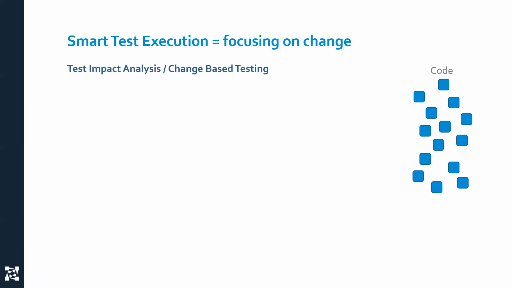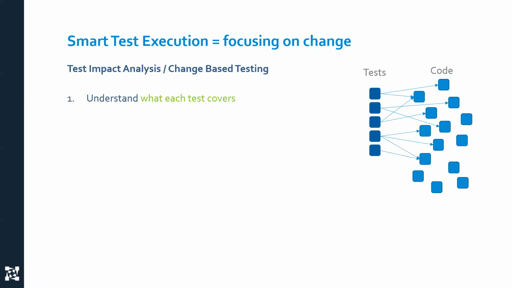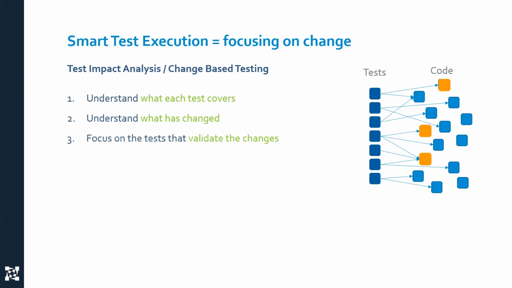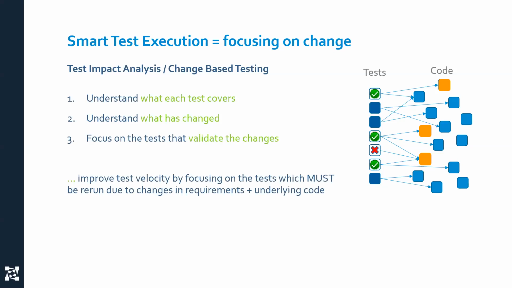What we do is we analyze what changes are actually going on within the code base, and then we correlate that with the individual test executions. So as your test is being executed, we know what parts of the code base that test is touching. And when we detect that those parts of the code have been changed, we're able to subset your test suite and only execute those tests which are required to validate those changes.